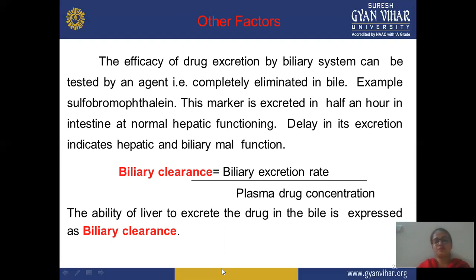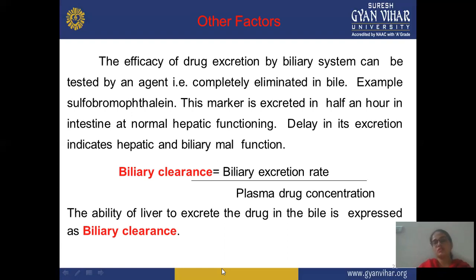And biliary excretion is calculated by one formula. It's the ratio of biliary excretion rate divided by plasma drug concentration. You can easily calculate how much drug is cleared through the biliary route. When you divide the biliary excretion rate, meaning how much drug is excreted by the bile route, by how much drug is present in plasma concentration.